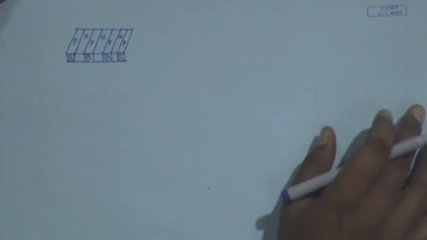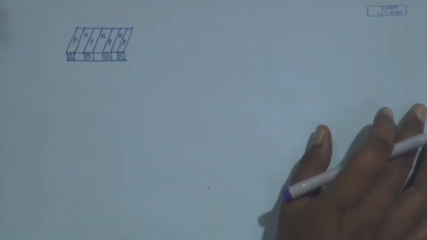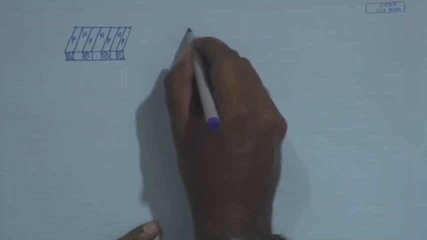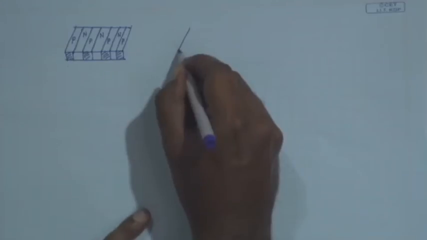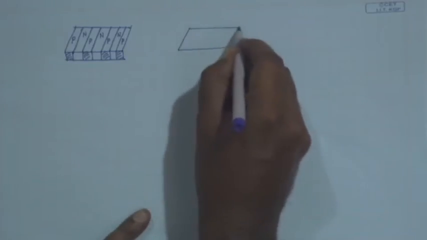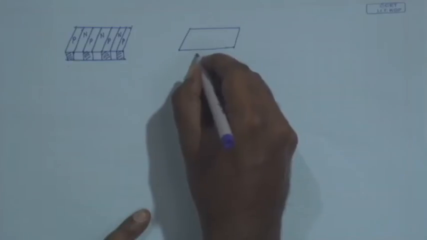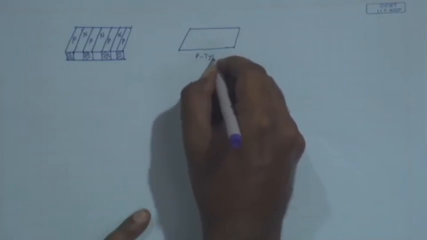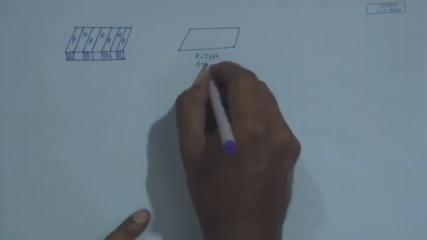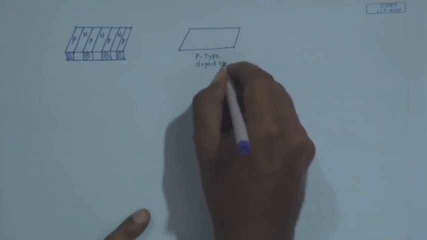So, what do you do? I hope this is clear. If not, please refer to the text or the discussion we have on the basics of photolithography, or refer to my NPTEL lectures, whatever you want to do. So, the idea is how you achieve it. You start off, and for the example we will be giving, I will show that you start off with a p type doped wafer.